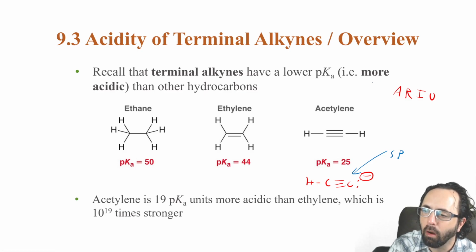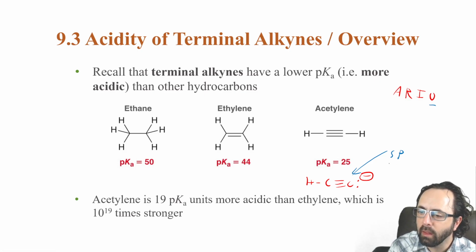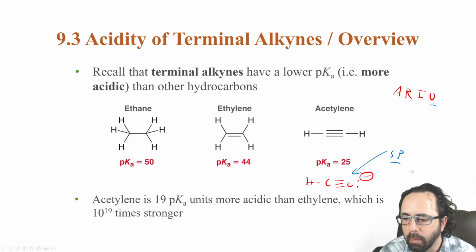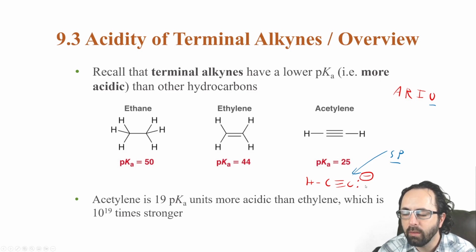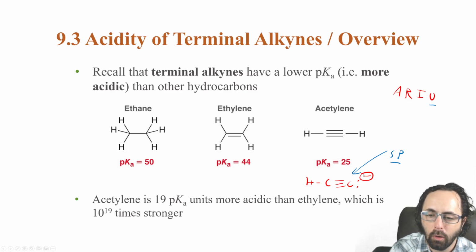Remember that according to REO, in smaller orbitals like sp hybridized orbitals, these lone pair electrons are closer to the carbon nucleus, which allows them to hold on to that negative charge significantly better, stabilizing this resulting anion when the alkyne is deprotonated.